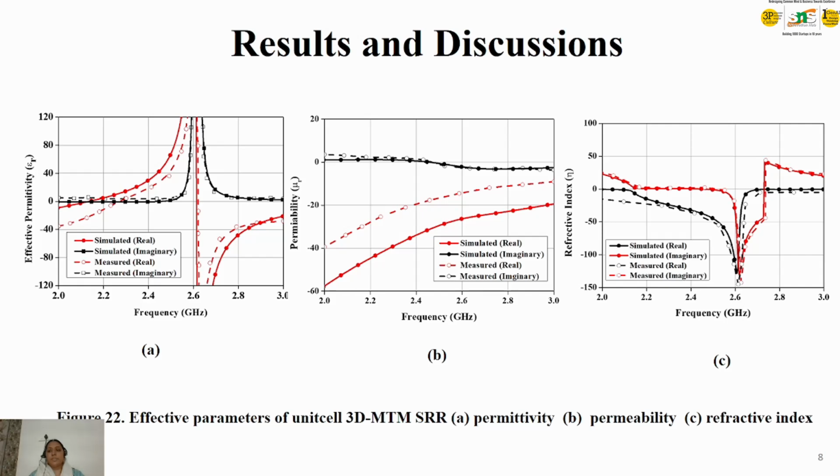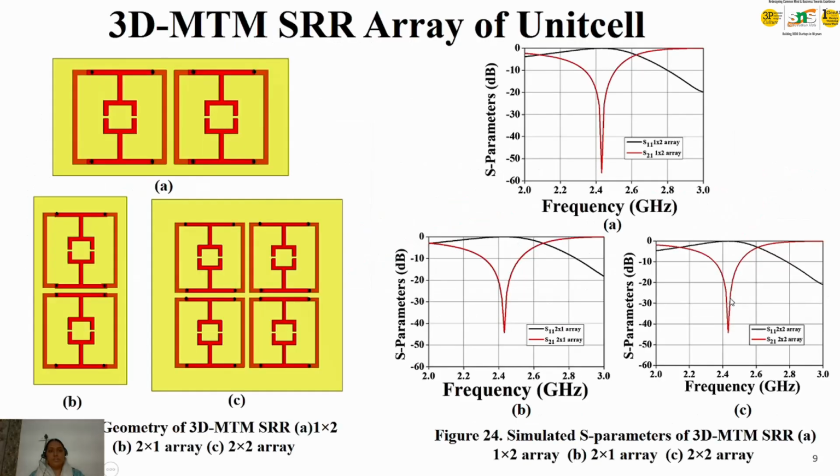Near the resonating frequency, you can see there is a large negative refractive index, and from there I made the 3D metamaterial structure in the form of an array, like 1 cross 2, 2 cross 1, and then 2 cross 2. For all of these, it was resonating at the same resonance frequency of 2.45 gigahertz.